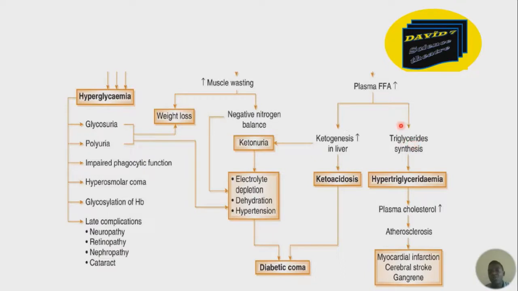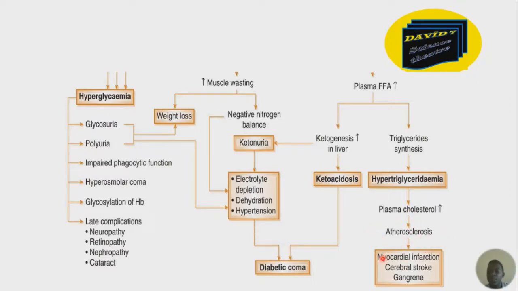Then we have increased plasma free fatty acids. These will cause triglyceride synthesis, increasing the TAGs. Hypertriglyceridemia, increased TAGs in blood, will cause increased plasma cholesterol, and therefore atherosclerosis, or deposition of fatty plaques on the blood vessels.